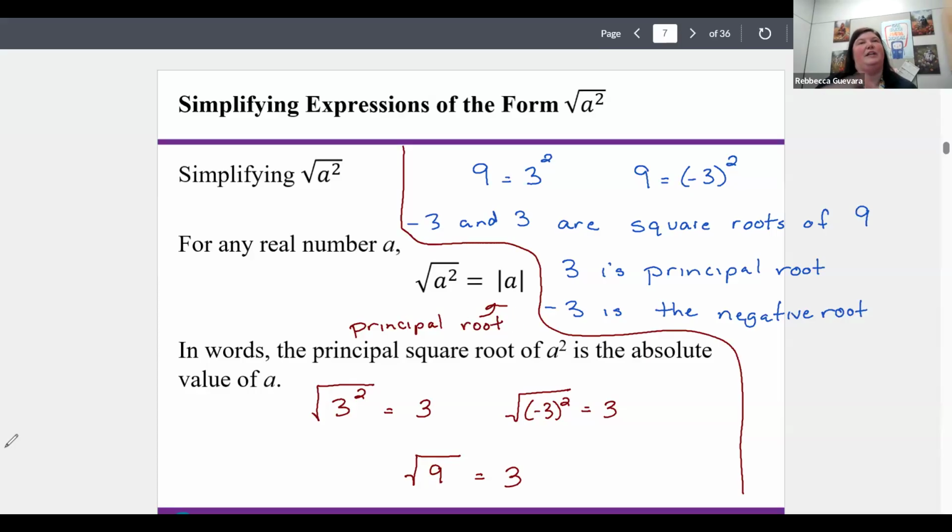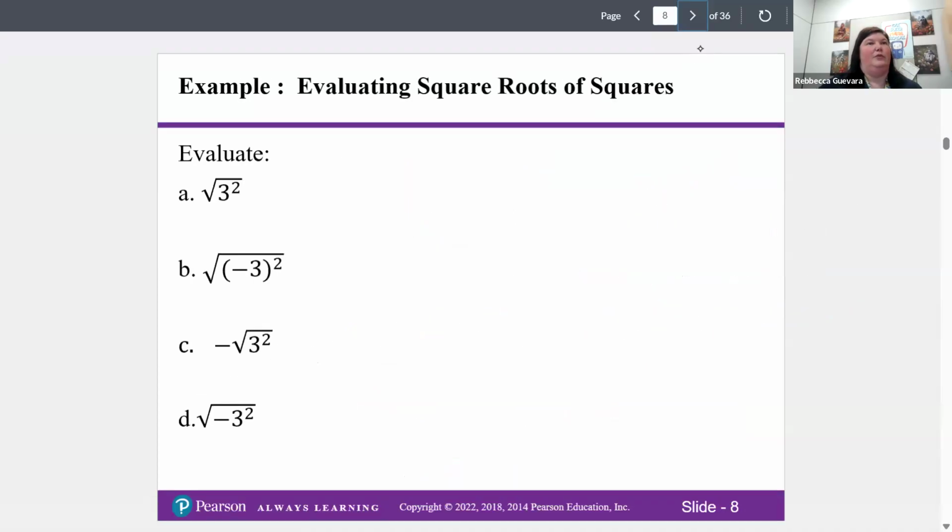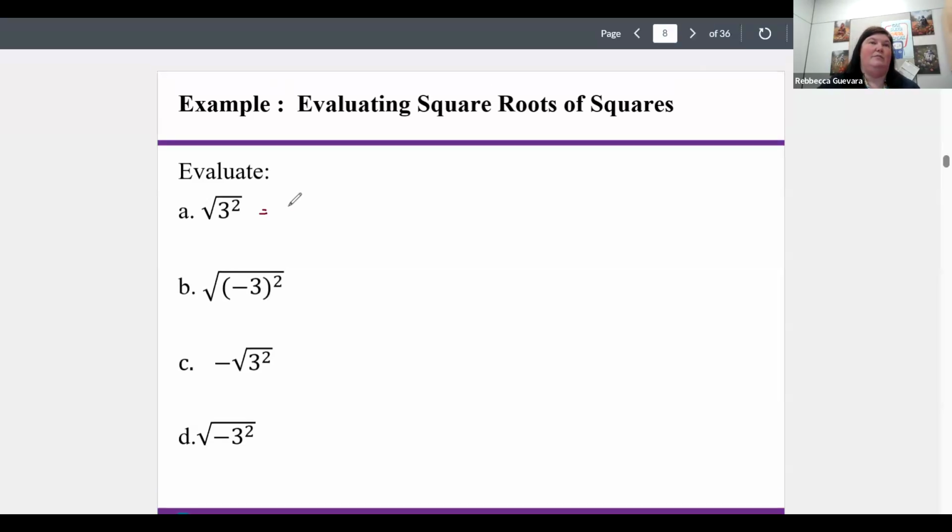Where this is really going to shine is when we're dealing with variables instead of actual numbers. So if we want to evaluate the following, the square root of 3 squared would just be 3.